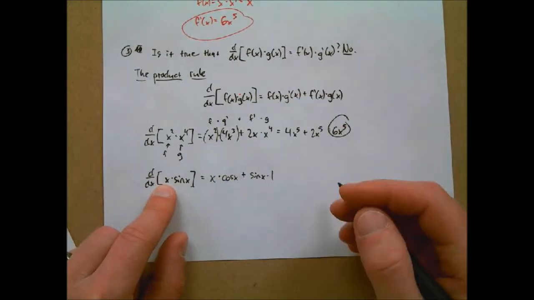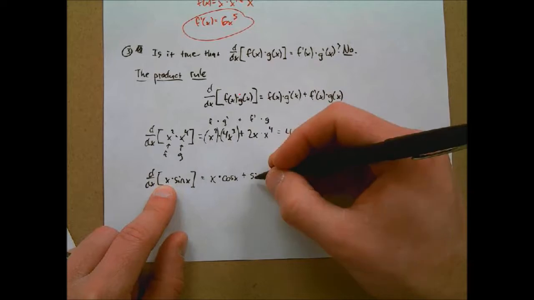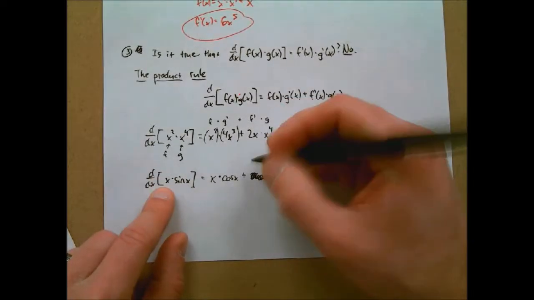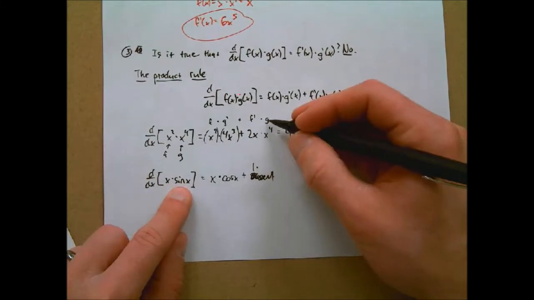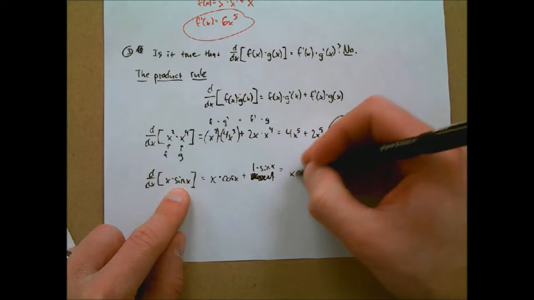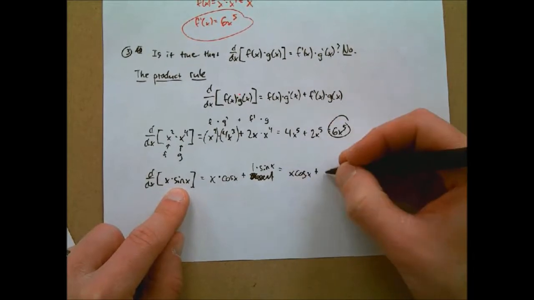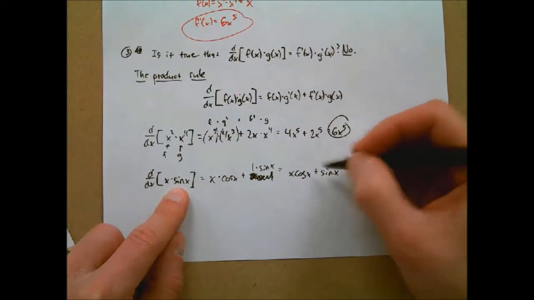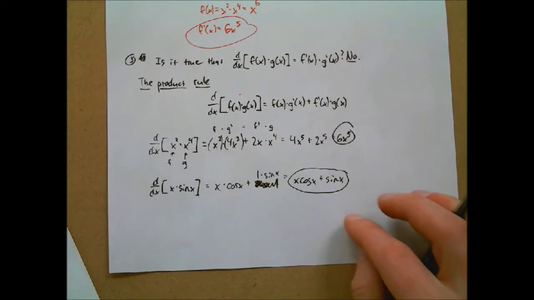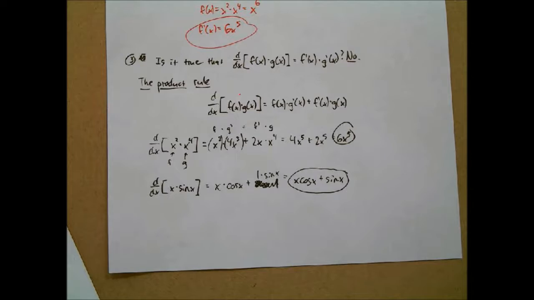So the derivative of f, 1, times the g, which is just sine. So we end up with x cosine x plus sine x. And there's the derivative of x times the sine of x. That's the best you can do. That's the derivative there, using the product rule.